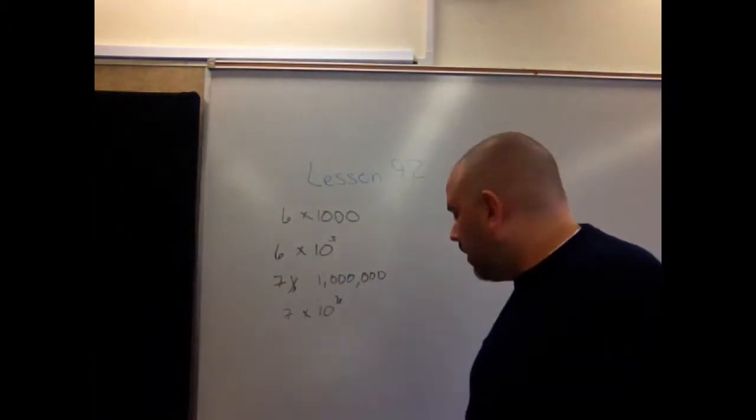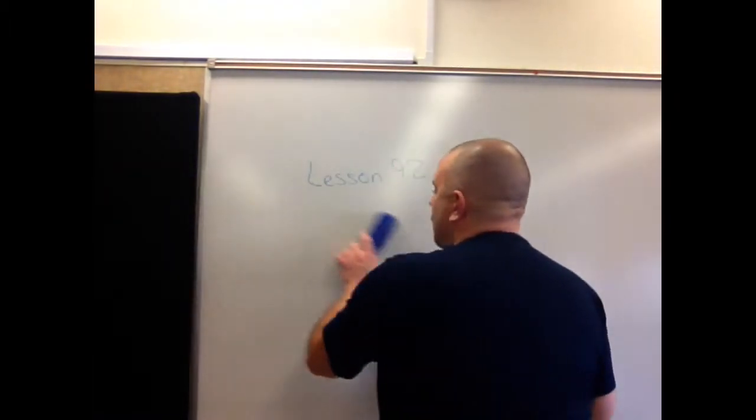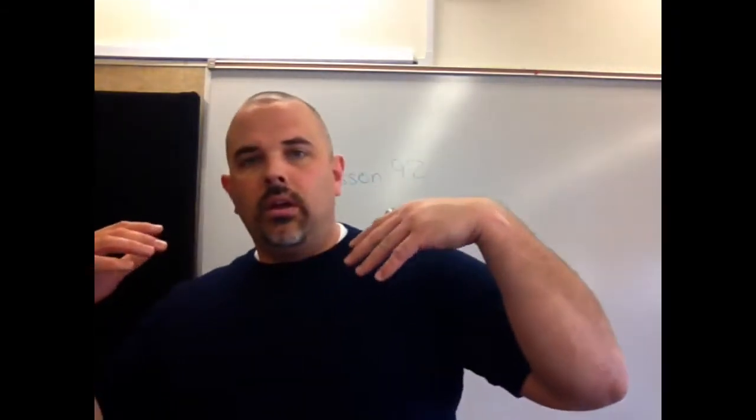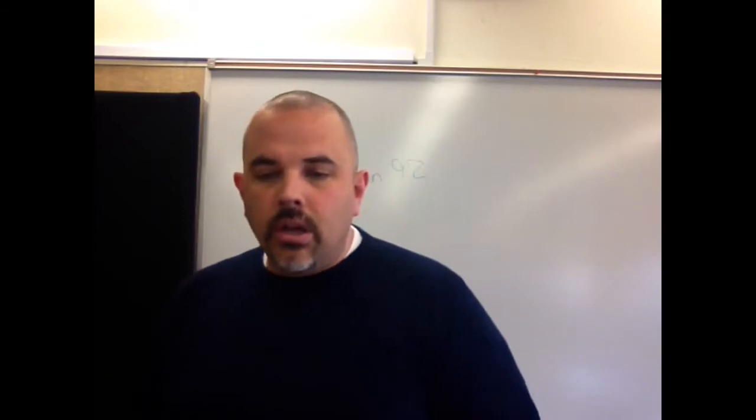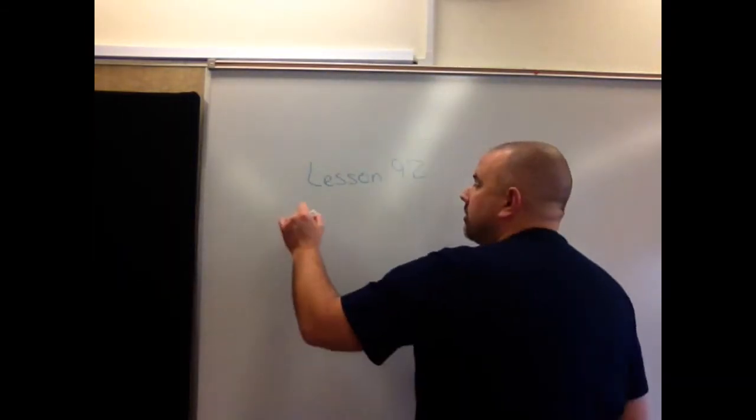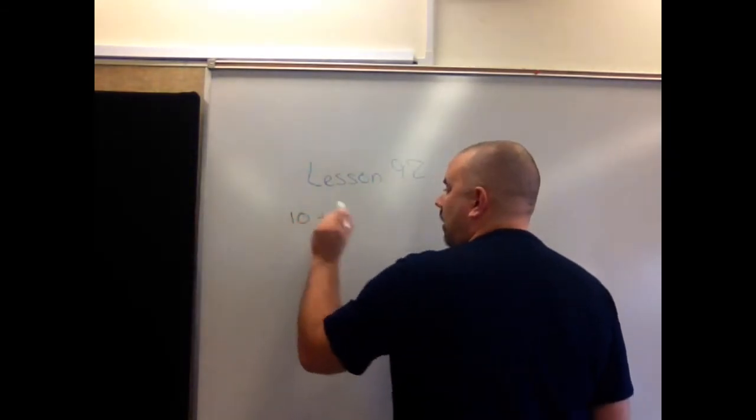Let's go on to part 2, order of operations with exponents. So far we've done order of operations with multiplication, division, and then addition and subtraction. On page 480 in your book is another little chart that shows you. We're going to work on letter C, which is on page 481. Letter C really shows us how this works.